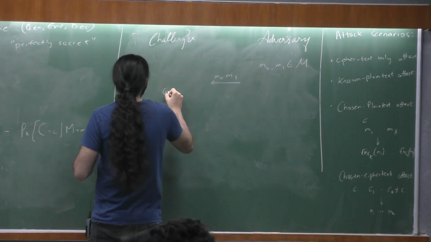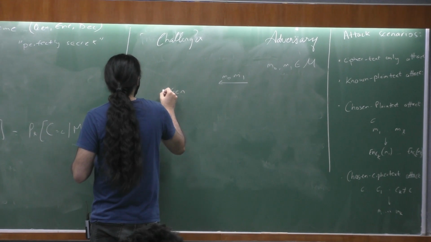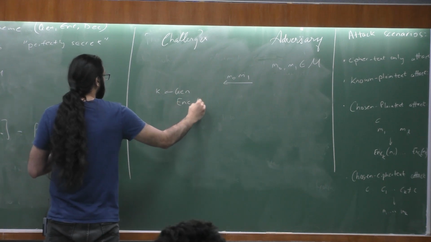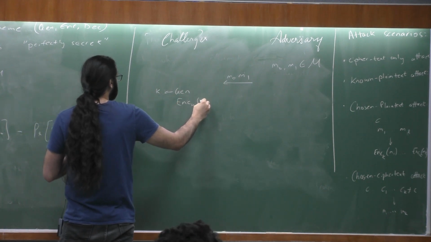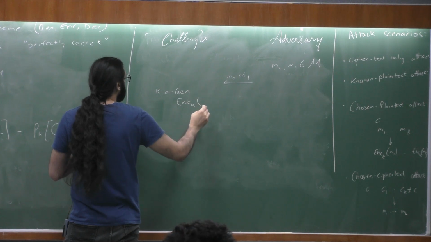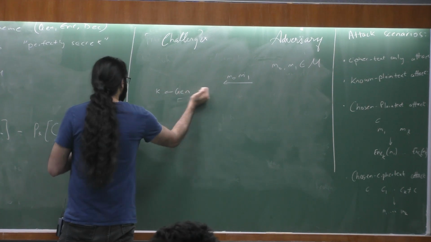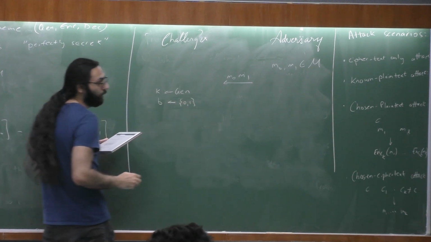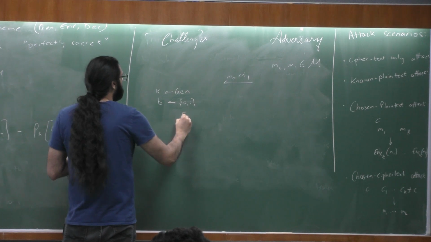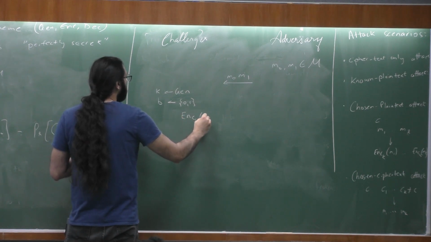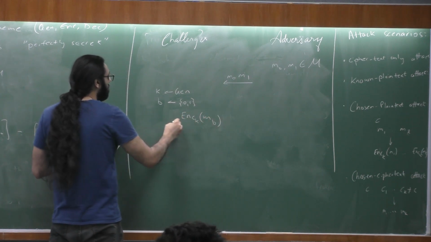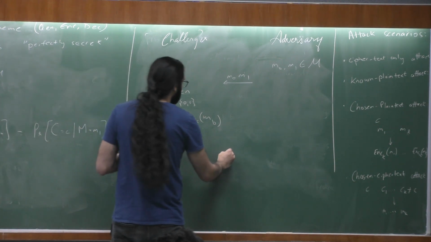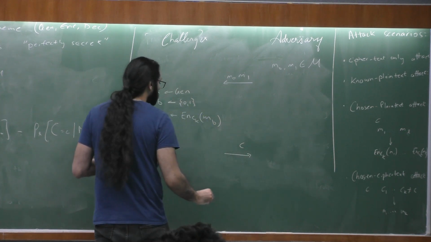The challenger runs Gen to get a key k, picks a random bit b from {0,1}, and then encrypts using the key k the message M_b to get some ciphertext c, and sends the ciphertext c to the adversary.